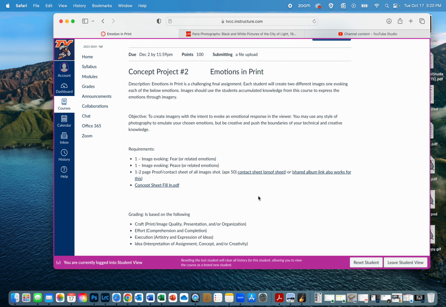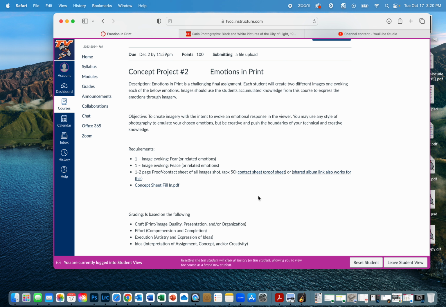So we are working towards two final images. The one image will have emotional reaction of fear, or this could be any sort of related emotion, fear, depression, anxiety, any of those sort of harsh emotions.